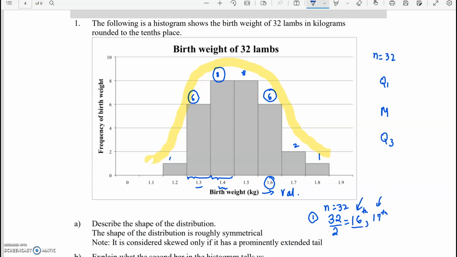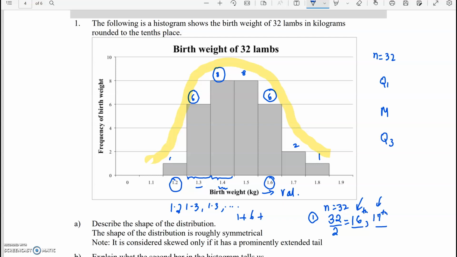We just know the position or the rank, but we need to figure out what these numbers are. The first number is a 1.2. The next bar says there are 6 numbers, 1.3 kilograms. So the first 7 numbers are 6 plus 1, 7, and they are either 1.2 kilograms or 1.3 kilograms.